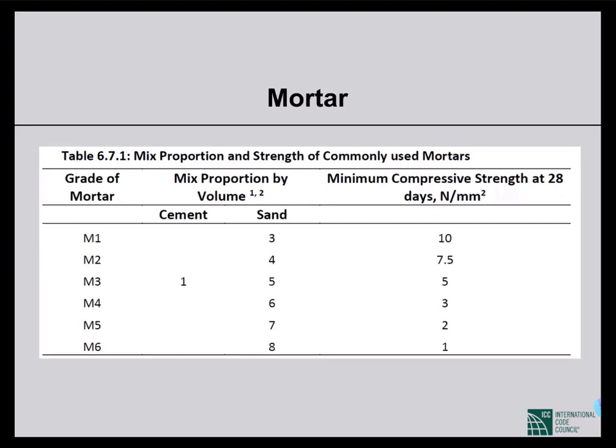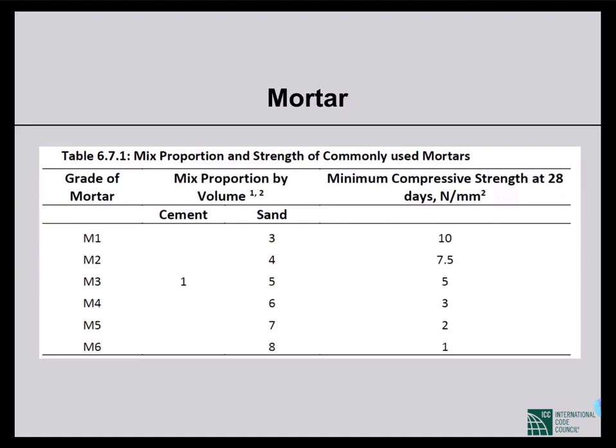M1 is the highest grade, or the strongest one, where the cement sand ratio is 1:3. And we have M2, M3, M4, M5, M6. M6 is the leanest or the weakest grade, where the cement sand ratio is 1:8. Now you can understand the ratio by adding just 2 to the grade.